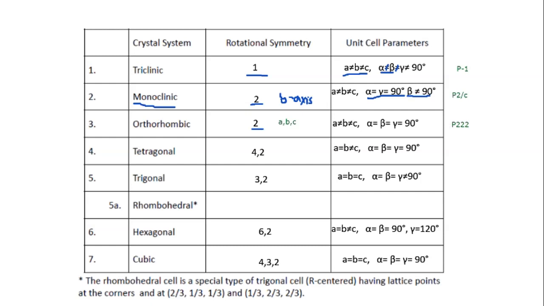Now tetragonal, we'll talk about their unique axis later, but generally for tetragonal, the unique axis is C. And for tetragonal, you have primarily fourfold symmetry, and you could have twofold symmetry as well, but the primary one is 4.